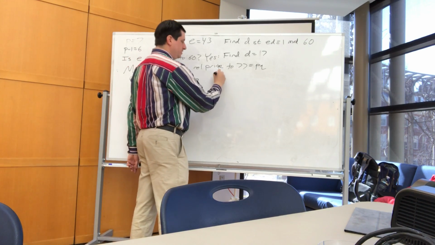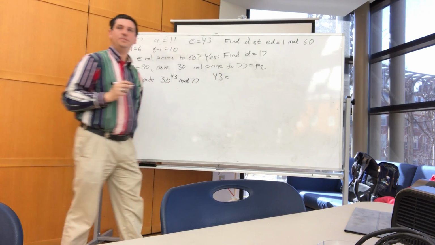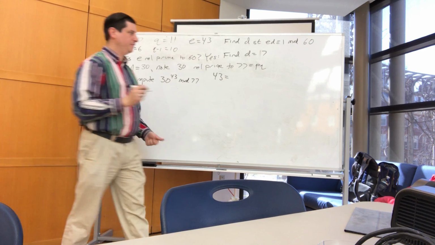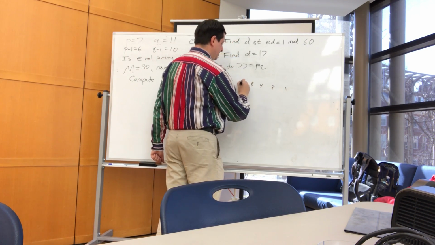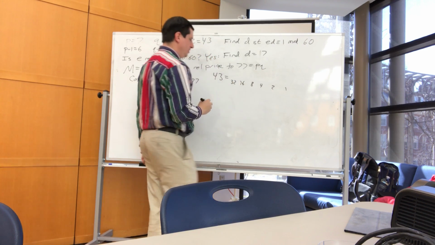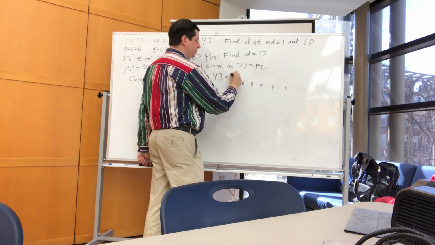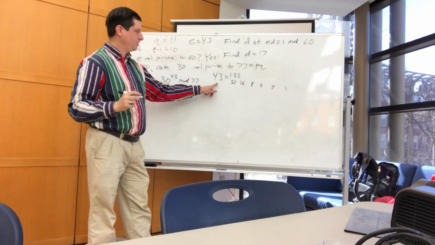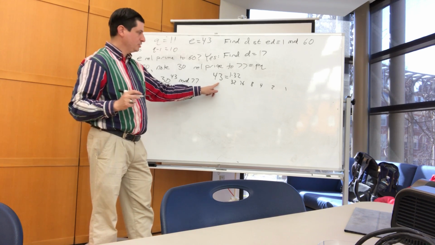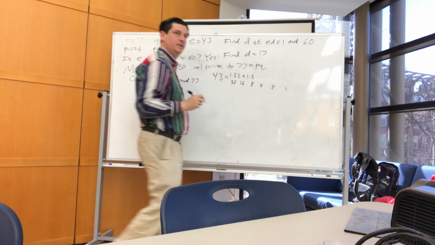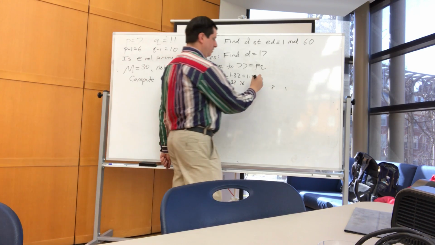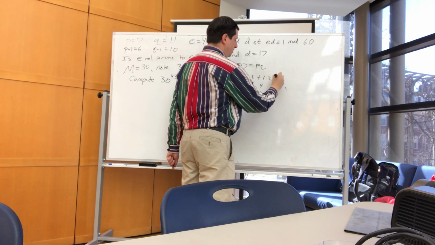But 43, let's look at powers of 2. We have 1, 2, 4, 8, 16, 32. So it's going to be 1 times 32, and when I subtract that, I'm going to have 11. So I have no 16s, plus 1 times 8, so now I have a 3, plus 1 times 2, plus 1 times 1.